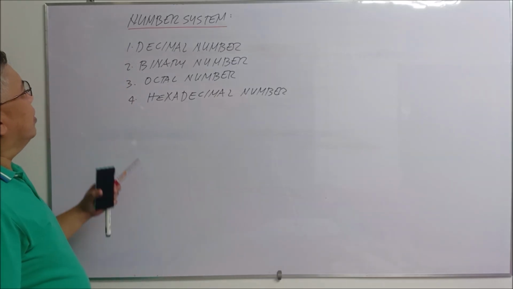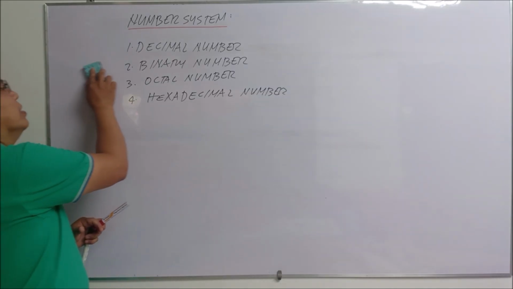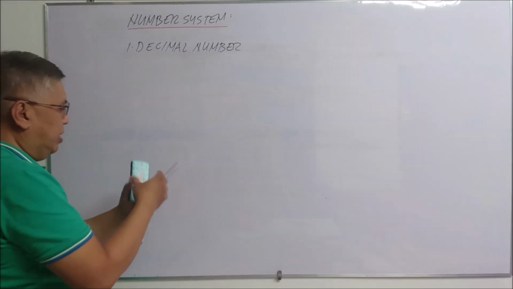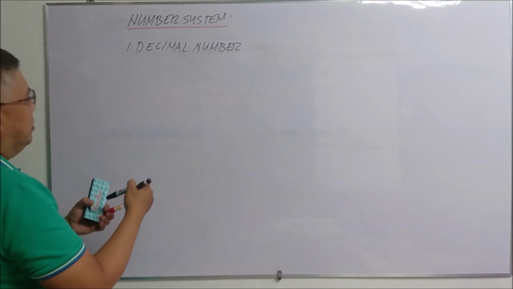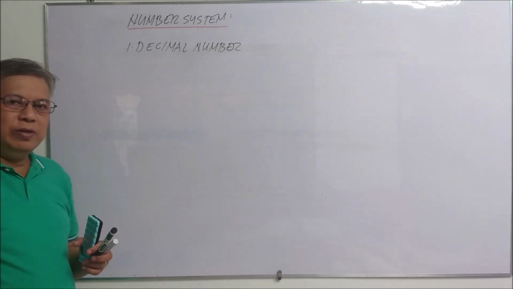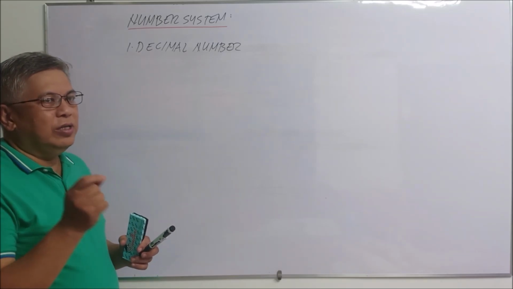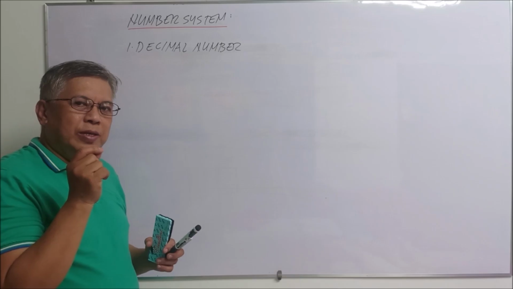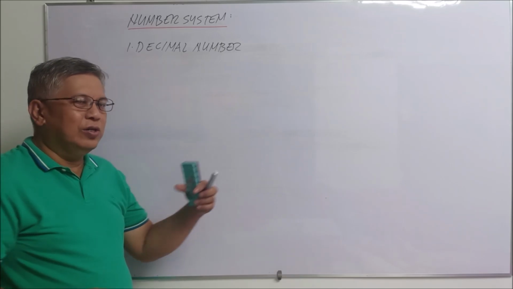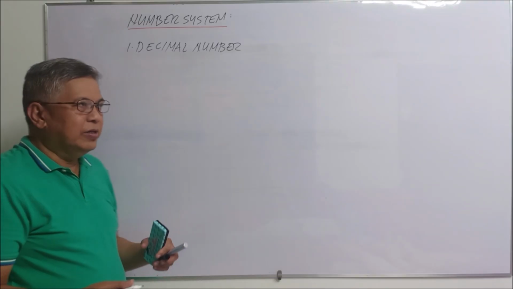Okay? So we discuss first the decimal number. So what is a decimal number system? Of course, the decimal number system is the most commonly used number system because we have been using it from kinder up to present. When you are doing arithmetic, you are using the decimal number system.